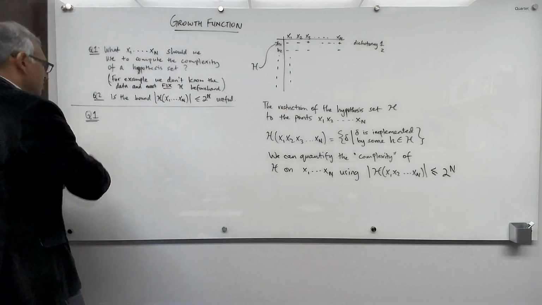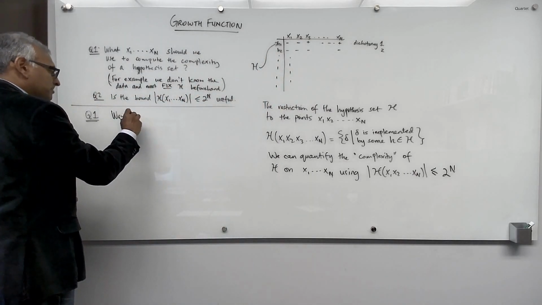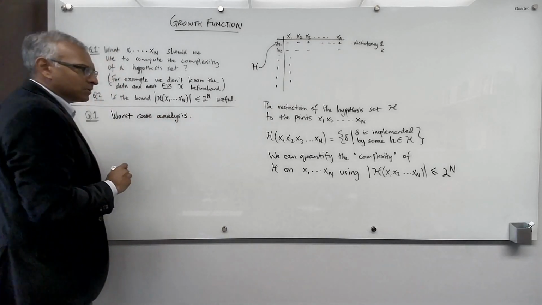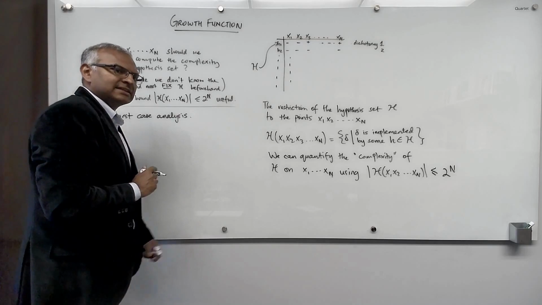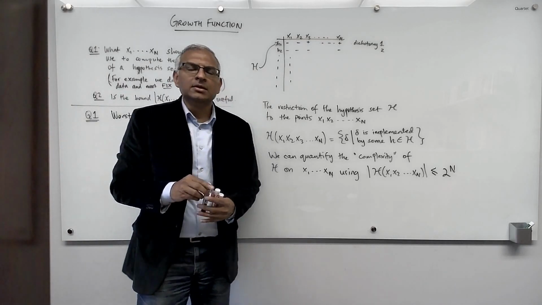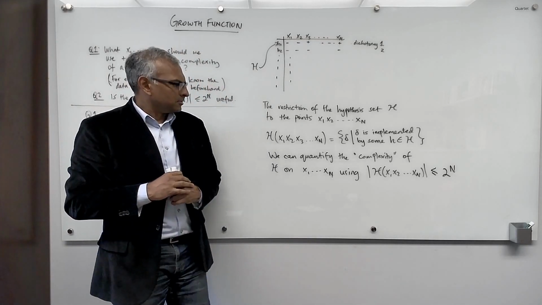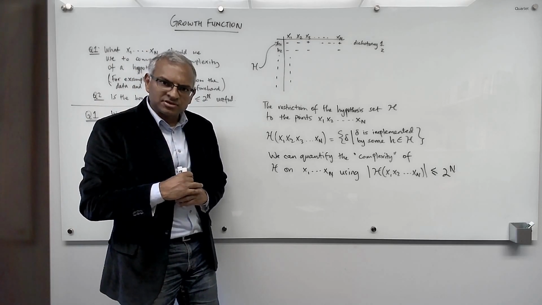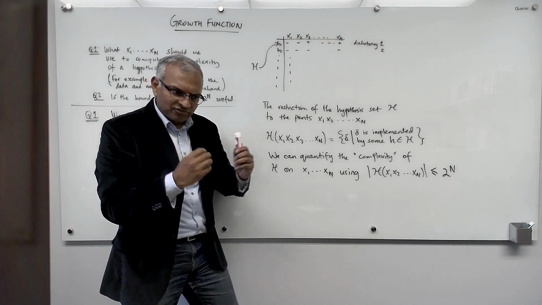So we will use worst case analysis, and that is going to be the final definition of a complexity of a hypothesis set when viewed through a data set of size n.